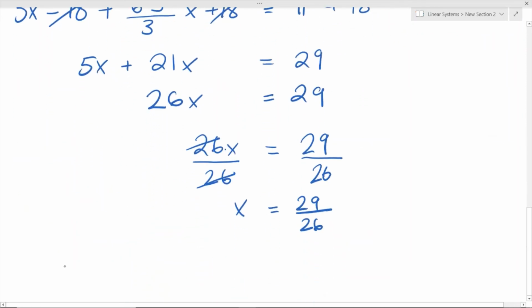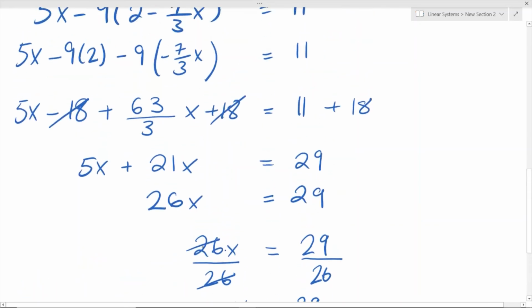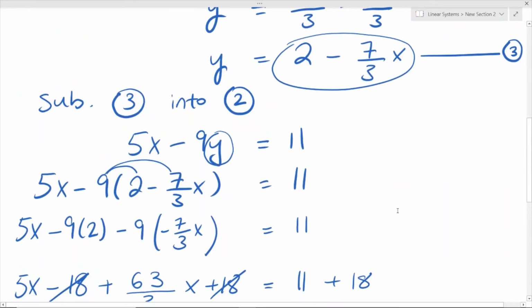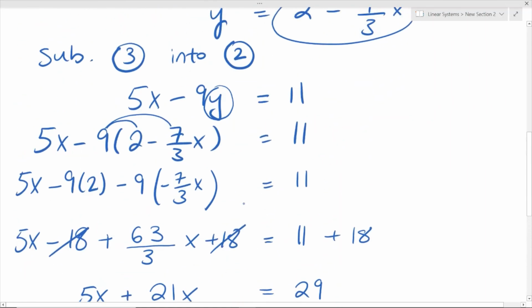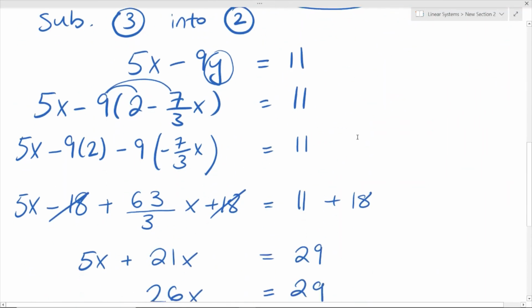So we're going to sub x equals 29 over 26 into which equation? Equation 3. So plugging that in to equation 3. So equation 3 is this, so I'm going to copy that.